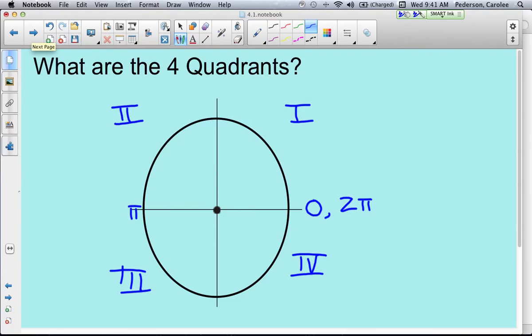Let's say I want to go to this angle measure. What would that be? Pi over 2. Be half of that pi. What if I want to go from pi over 2 to 2 pi over 2, and then what would that be? 3 pi over 2.